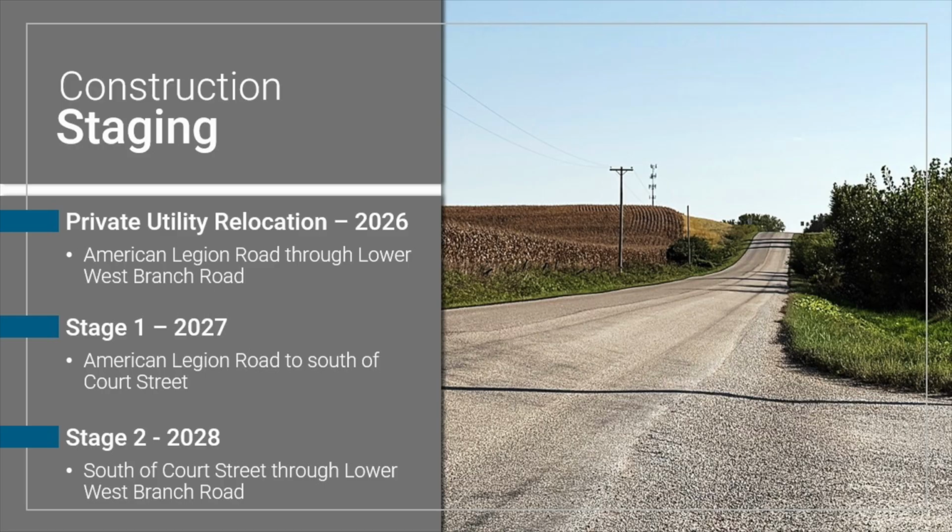We're working with private utility companies to identify impacts, and the expectation is they would address those, whether it's just some relocations, or for example, the overhead facilities out there, the power that's going underground. So there won't be power poles out there anymore. Those will be getting relocated, and as part of that process, they'll be boring new conduits. So you will see some activities out there this coming calendar year in 2026.